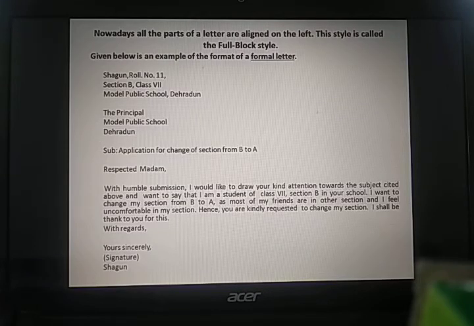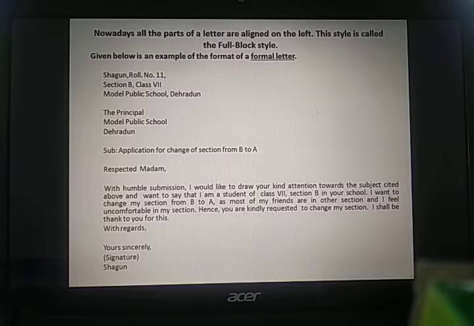Now here is one example of how to write a formal letter. Okay, please pay attention. At the first it is written, nowadays all the parts of a letter are aligned on the left. This style is called the full block style. In the olden times, these parts were written on both sides.